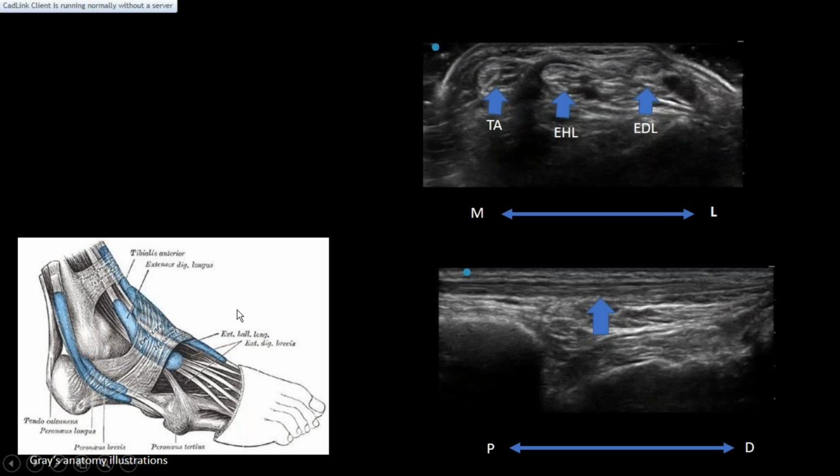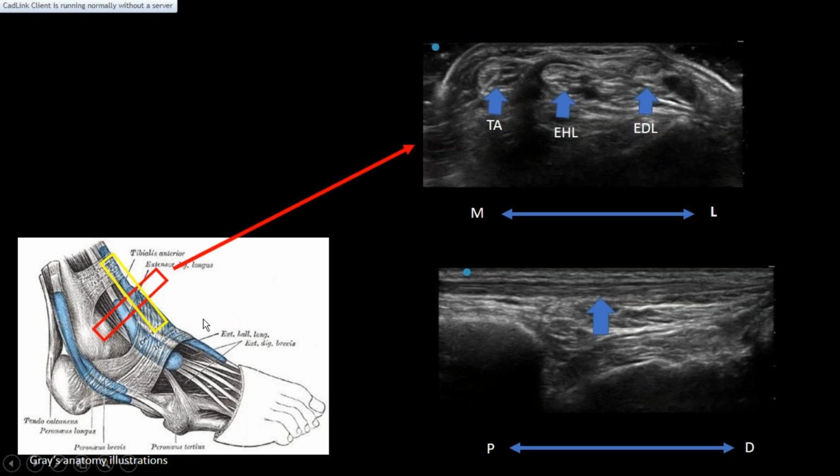So let's look at the anterior anatomy of the ankle. There are 3 tendons from medial to lateral: tibialis anterior, extensor hallucis longus, and extensor digitorum longus. So that's the transverse view here. You can see from medial to lateral, this is tibialis anterior, this is extensor hallucis longus, and that's extensor digitorum longus.